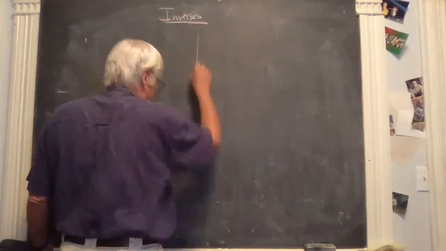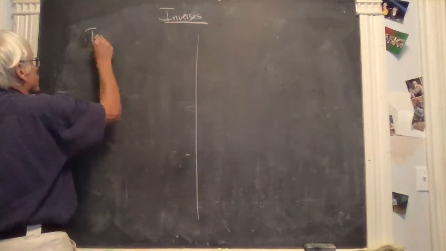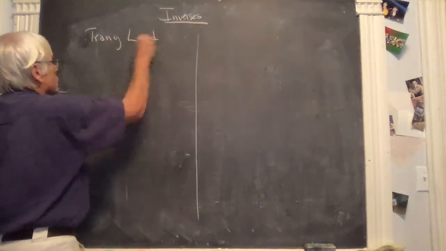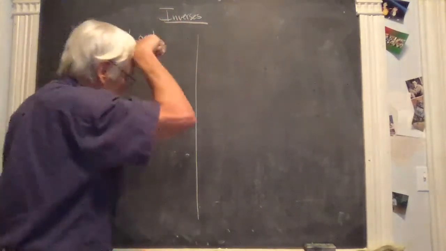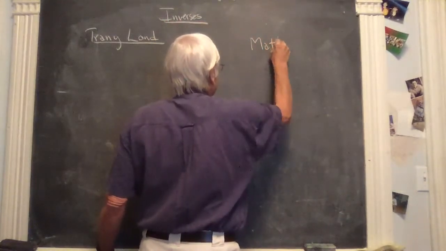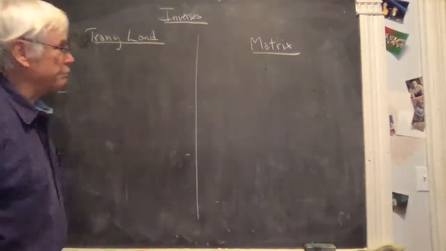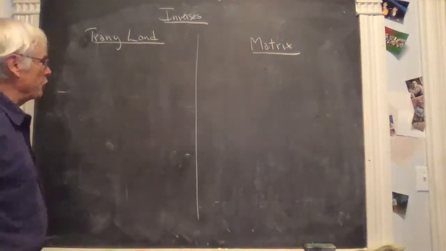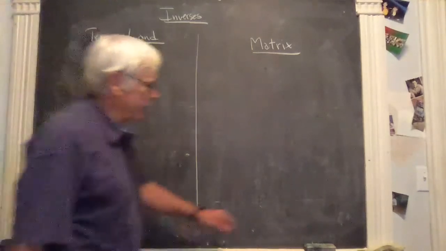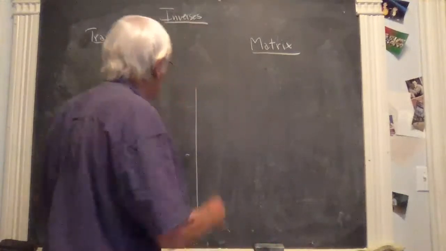And let's divvy up the board into transformation land, where we're dealing with functions and equations, and matrix land, where we're dealing with arithmetic. Arithmetic is always easier to deal with. And the question I'd like to answer or talk about in both of them is this.